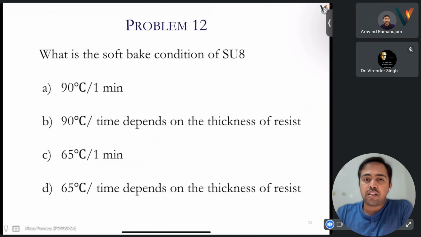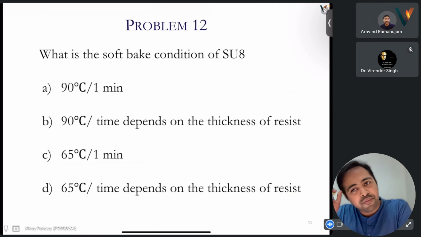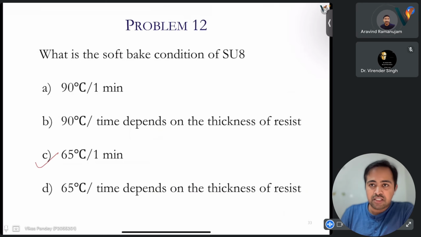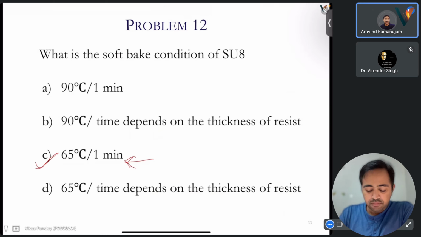What is the soft bake condition of SU8? I think we have already discussed this. See, 65 degrees Celsius for 1 minute. Oh, sorry.